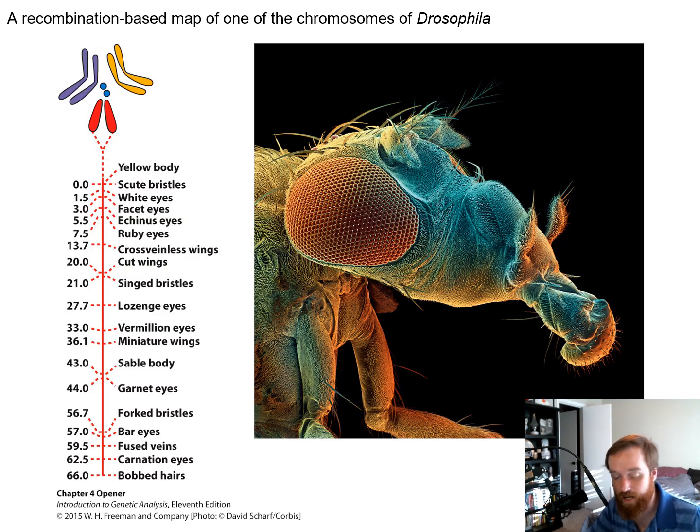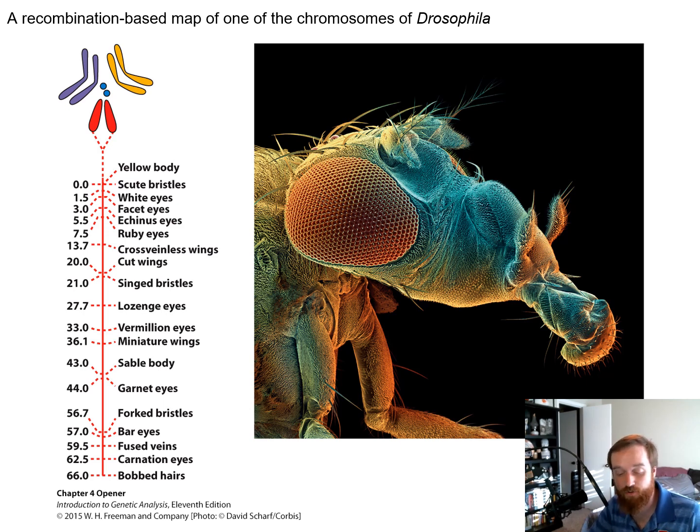So here we have a recombination or linkage-based map of some traits seen in Drosophila. Remember, these are fruit flies. You'll have them in your kitchen, little tiny flies. The traits here are represented or expressed by a single gene. So they're phenotypes that occur from a single gene.